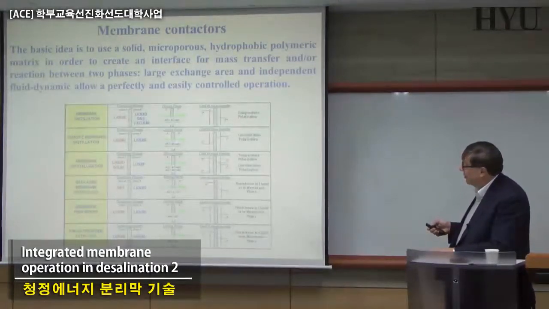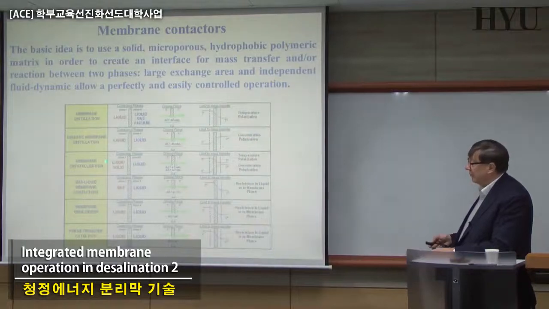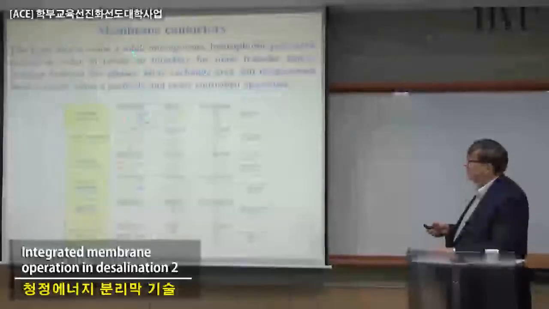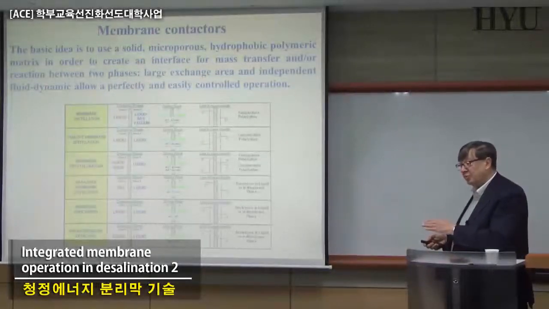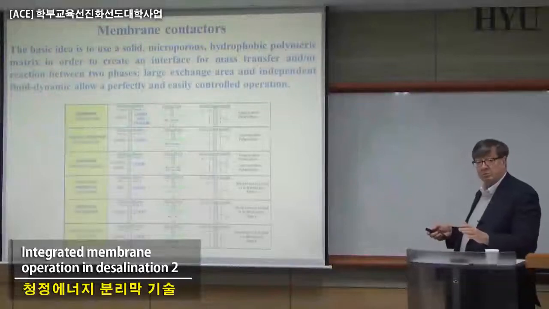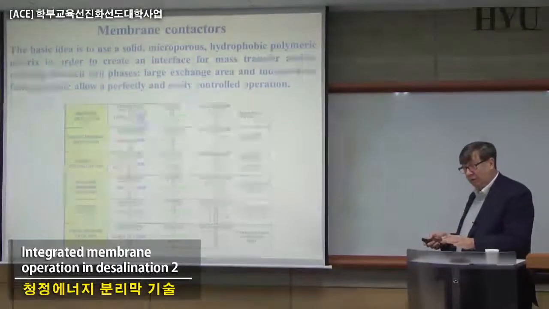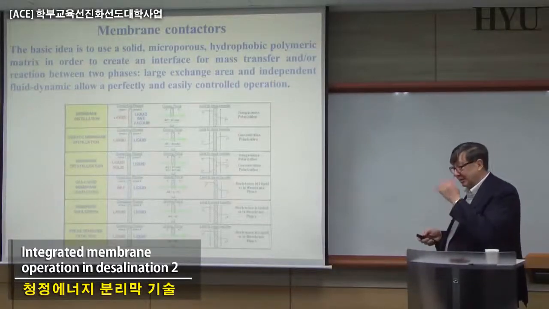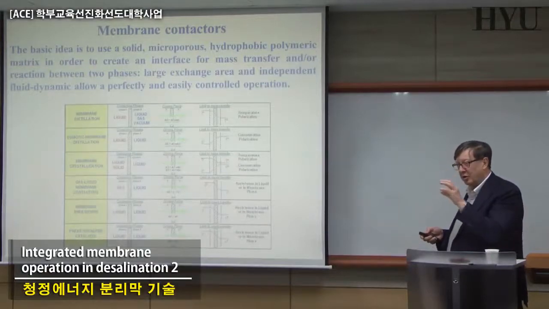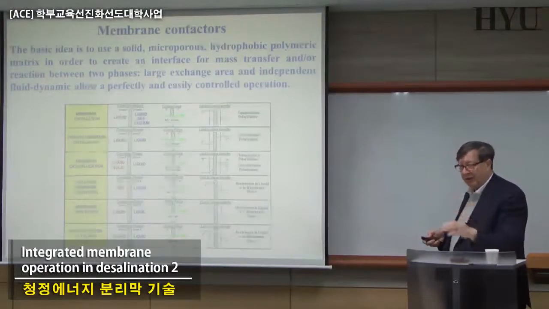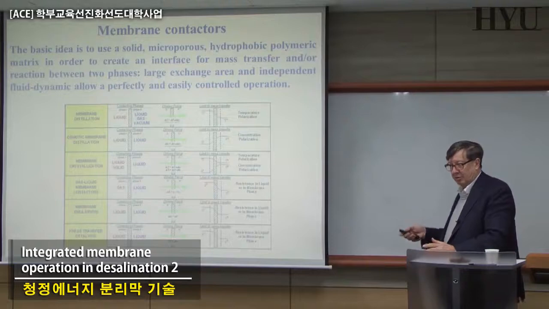Just read the last column, because we have to learn one thing: in most of the systems, particularly in membrane distillation, concentration polarization is not an issue. It's a problem still existing, don't forget, but it does not have such a terrible effect as in reverse osmosis.